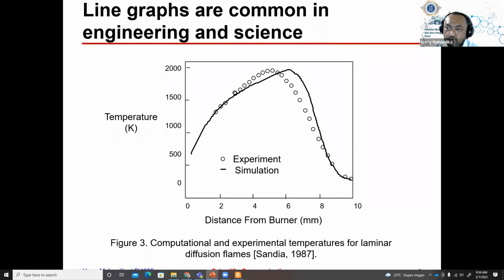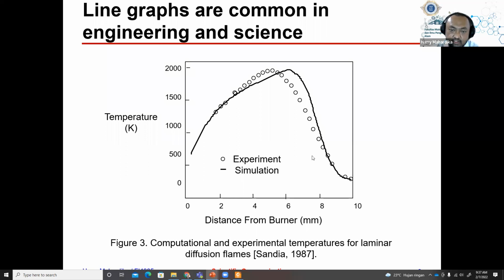In physics, we usually have dots or discrete circles to show our data, because data measurement is usually done in a discrete way. So even though it's a time series, sometimes we have certain times when we collect data, so that the produced data is going to be discrete like this one.